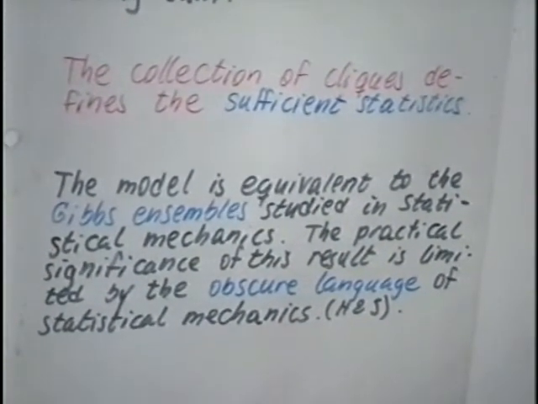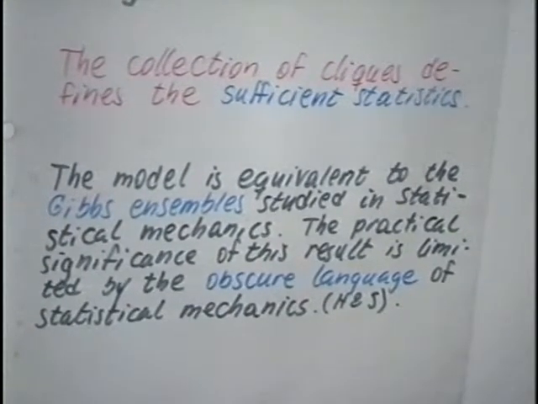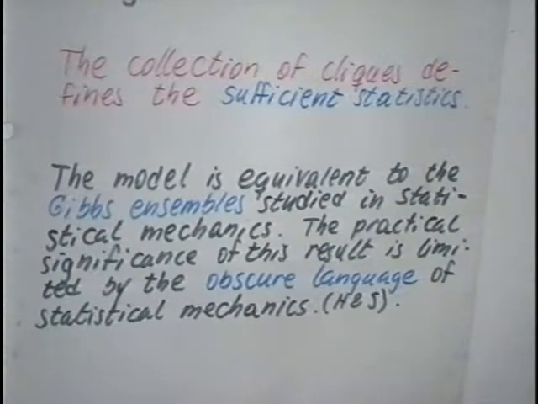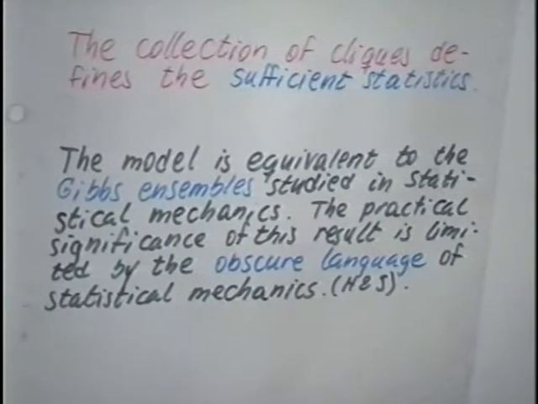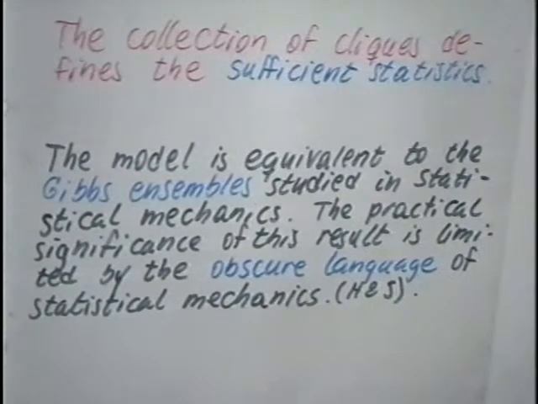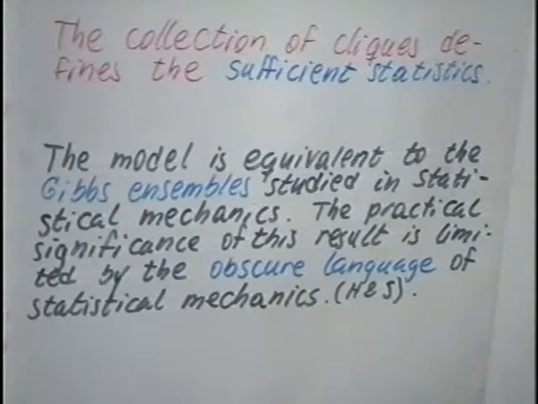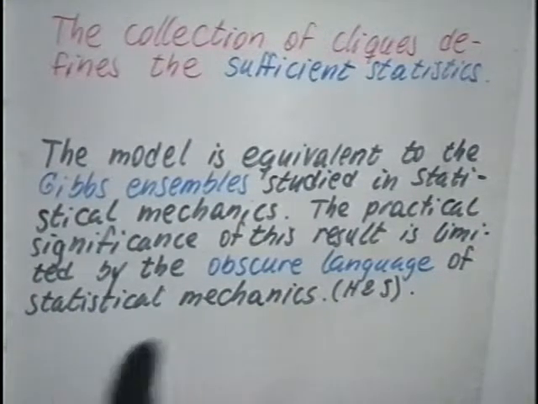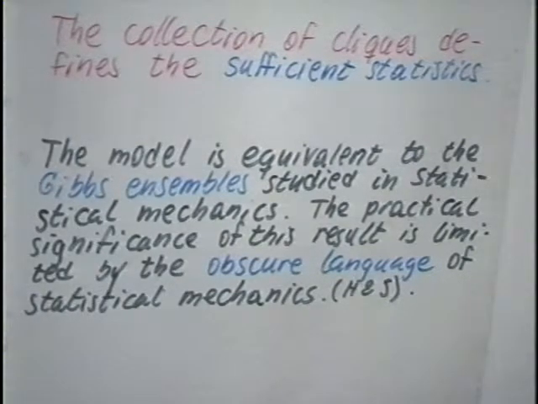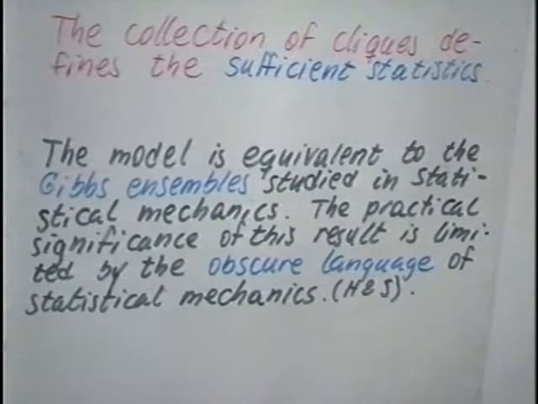I have a very nice remark from a paper by Hafner and Splansky about the equivalence of this and statistical mechanics, and it says that the practical significance of the equivalence between these models and the things known from statistical mechanics is limited because of the obscure language of statistical mechanics. And I think that anyone who has tried to get some results from statistical mechanics will acknowledge that this is really a correct description of the way they are stating their theorems.